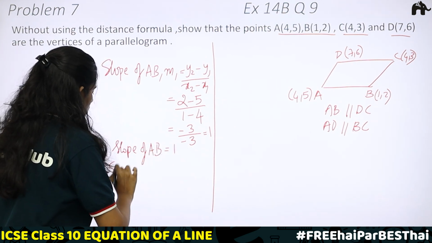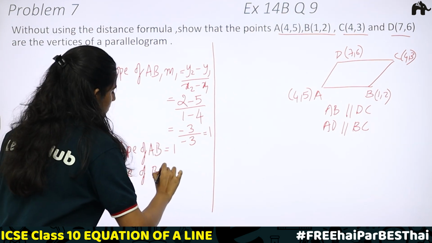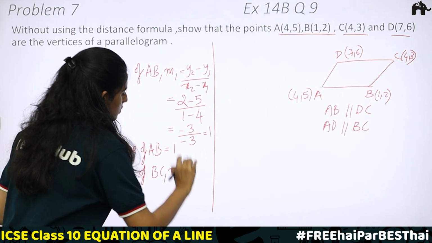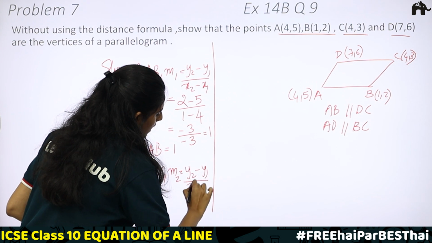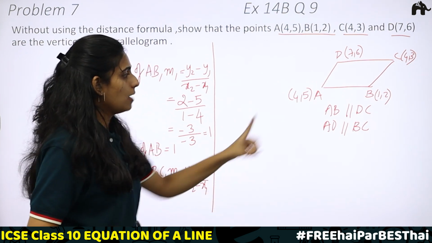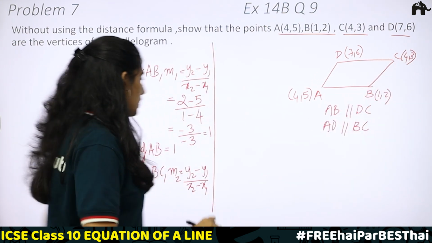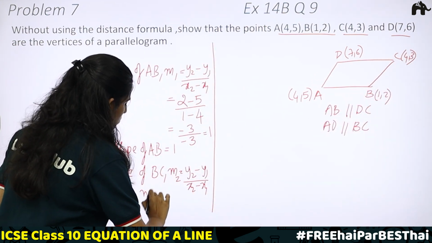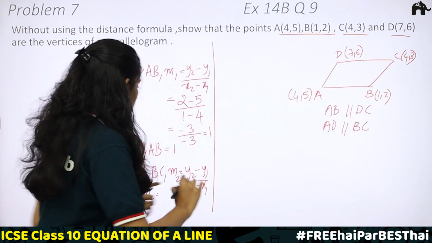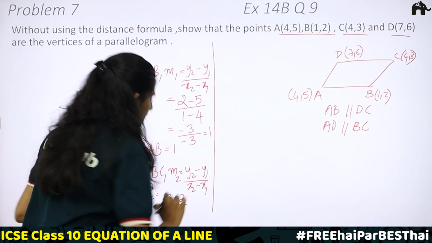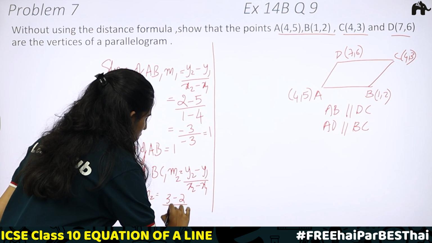Next, we'll find the slope of BC, M2. Formula: y2 minus y1 divided by x2 minus x1. Here, I am taking B as x1, y1 and C as x2, y2. Putting the values, we get M2 equal to 3 minus 2 divided by x2 minus x1, 4 minus 1.